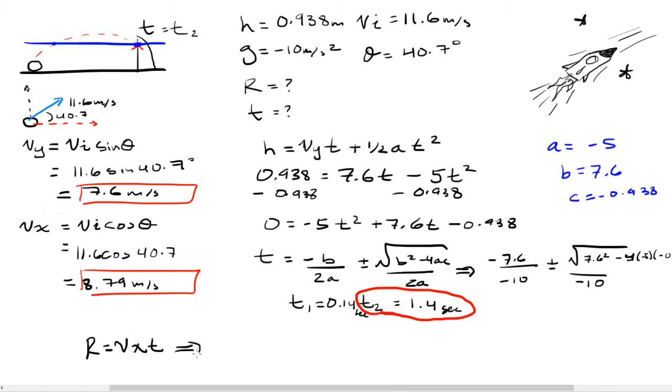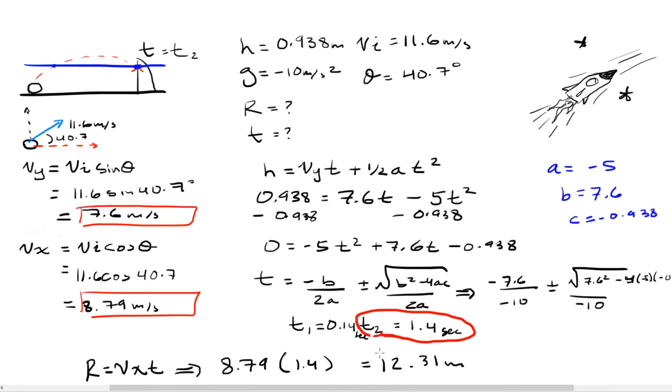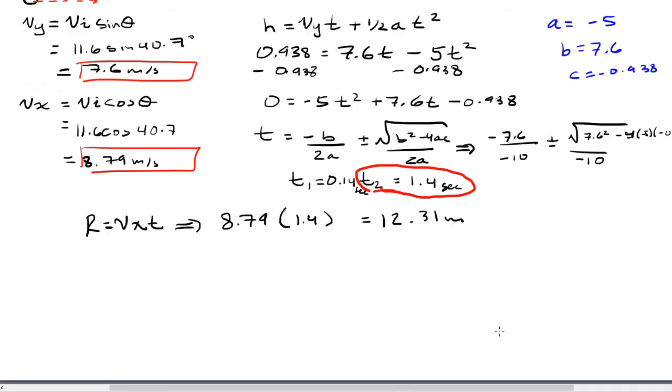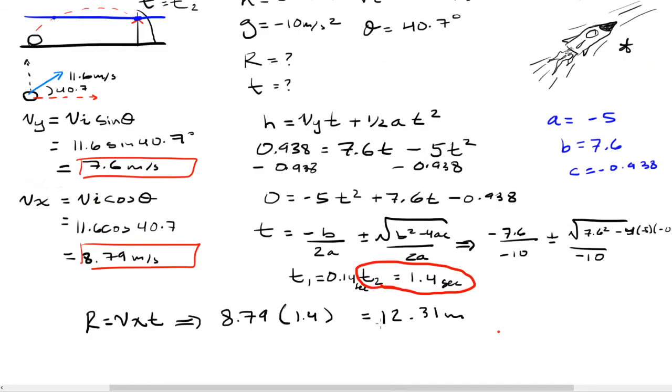This is going to be equal to the velocity in the x, which we calculated earlier, 8.79, times the second t, 1.4, and that will equal 12.31 meters. And there we go.